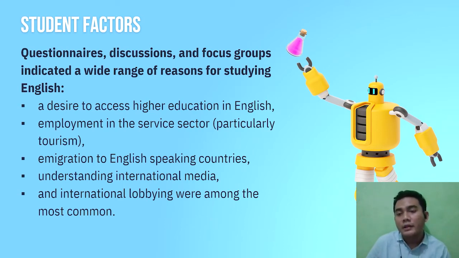One is a desire to access higher education in English, both in universities in Burma or abroad. Also their focus on employment in the service sector, particularly the tourism sector, and emigration to English-speaking countries such as the UK or US, because they are living under a military junta, so they want to immigrate to other countries.